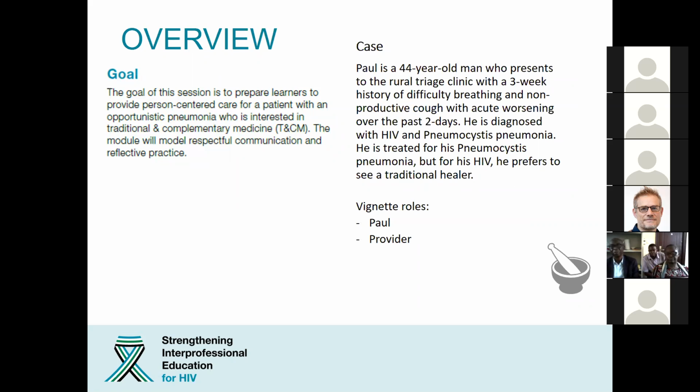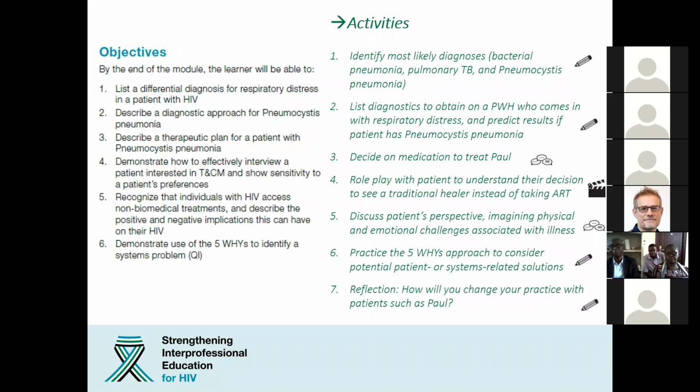And Cheyenne, next slide, if that's okay. And so the way the rest of the module goes is that initially we ask the learners to identify the most likely diagnoses of a patient with HIV who comes in with respiratory distress. And we're really trying to make sure that the learners take away the fact that PCP is not usually the most likely diagnosis, that rather it's bacterial pneumonia or pulmonary TB, and that PCP is less likely, but still something to consider.